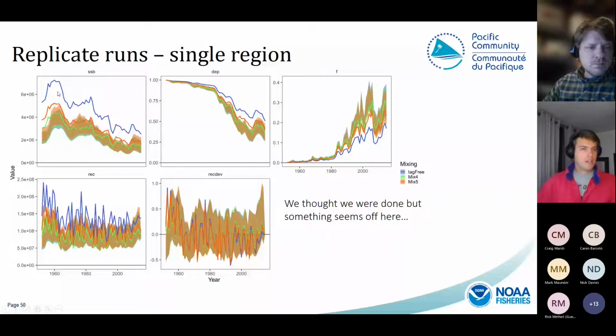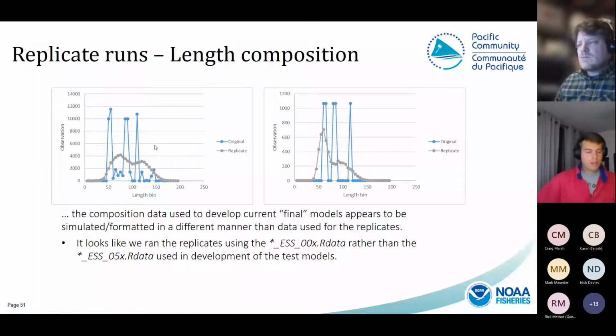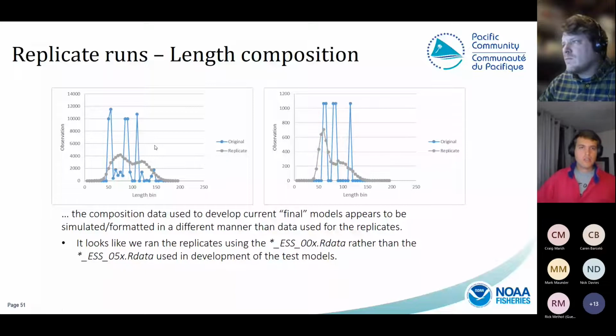And I think in an ideal world, you'd like to have your solid lines inside of your shaded lines, but that's not the case. So we did a little bit of digging, and we didn't use the same composition data. Turns out if your treatment of composition data is different, you're going to get different results.